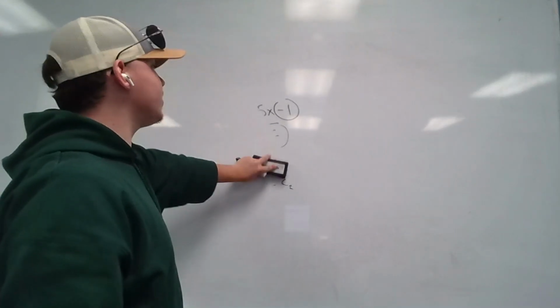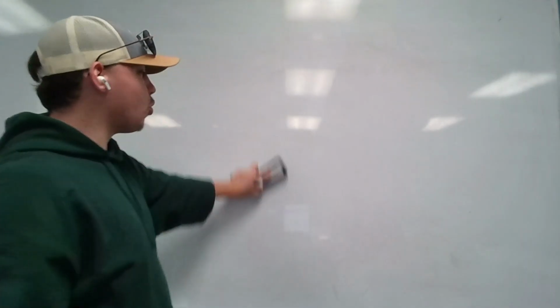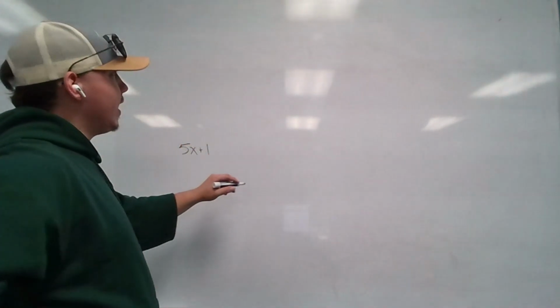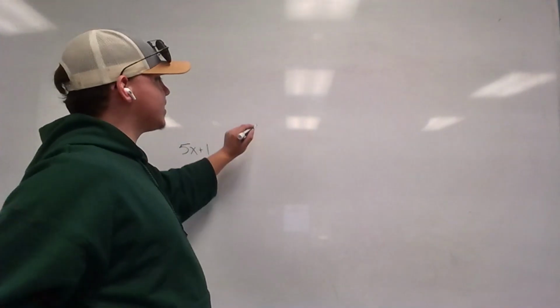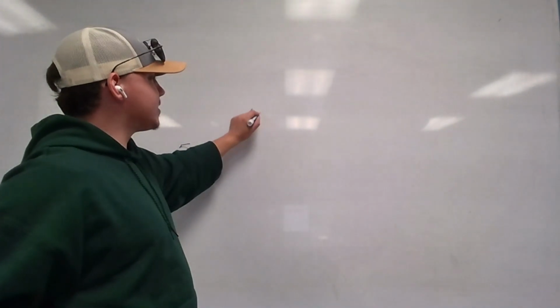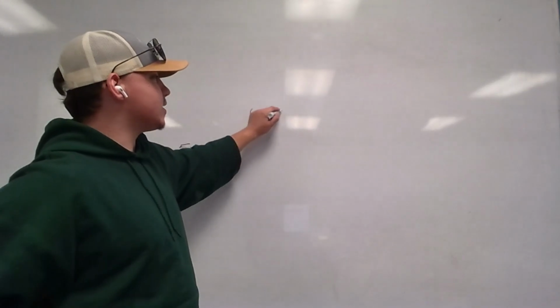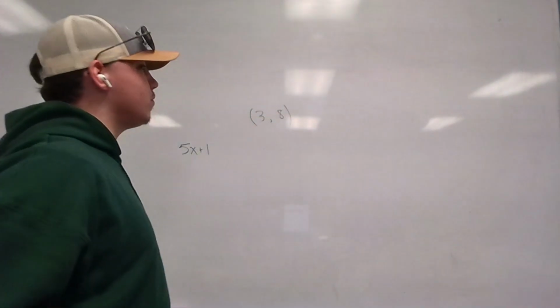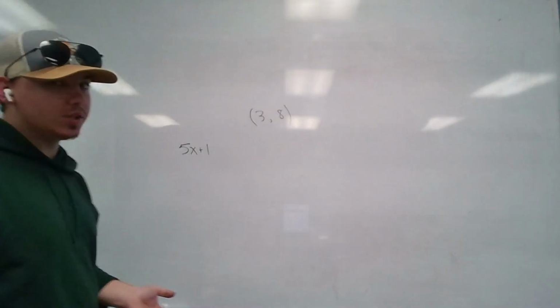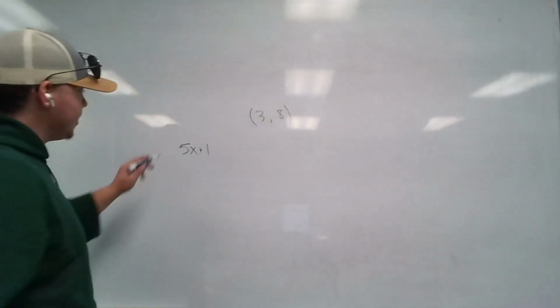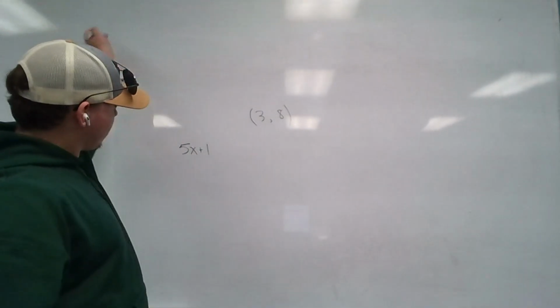You can figure out what that number is if you are given a coordinate. For example, say we have an antiderivative of 5x plus 1, and at x equals 3, y equals, I don't know, 8. So find the constant of integration for our antiderivative. So we just go back in time.